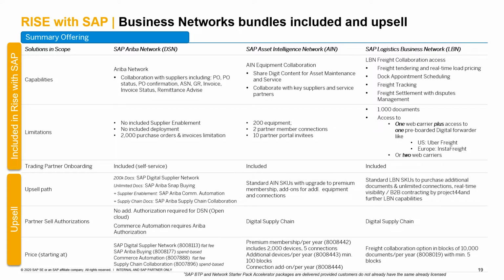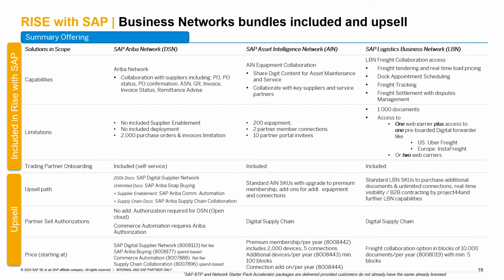Okay, so we have 2,000 purchase orders and invoices as the limit. Next, under Asset Intelligence Network, in terms of what's included, we have the AIN Equipment Collaboration, so share digital content and collaborate with key suppliers and service partners. And the limit here is 200 pieces of equipment, 2 partner member connections, and 10 partner portal invitees.